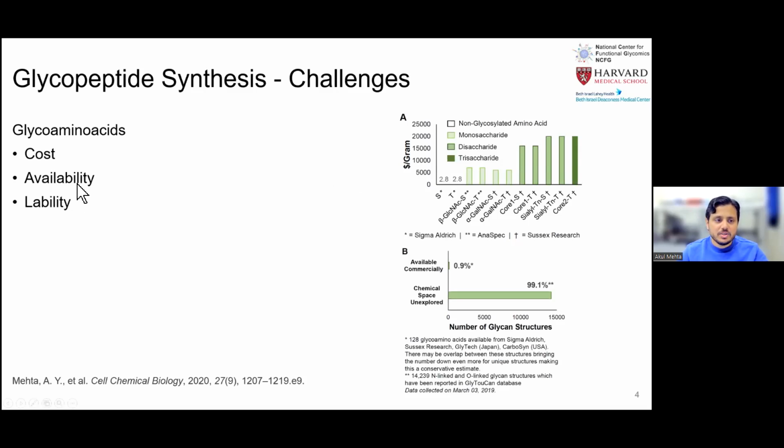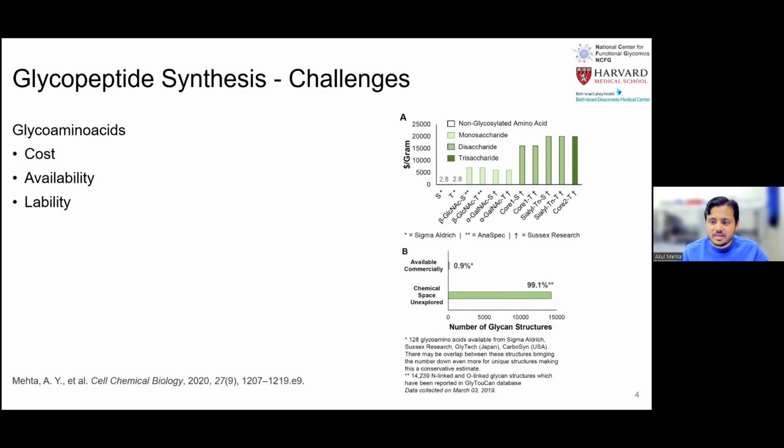The next issue is also availability. In this plot, I'm showing you the chemical space which is unexplored in terms of the number of glycan structures which are known. This was again back in 2019 when we checked. Glycan has over 14,000 N- and O-linked glycan structures. Obviously, there is a lot of overlap between them, and there might be cases where there are unknown linkages.